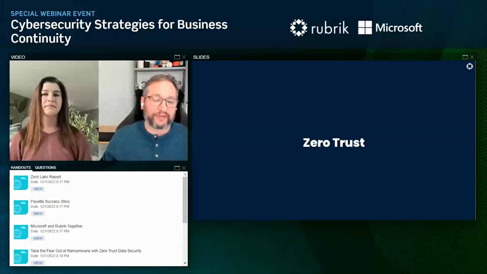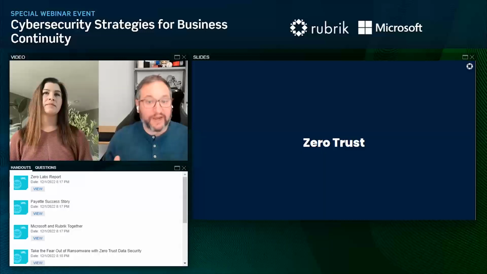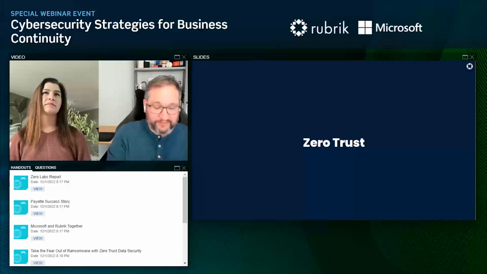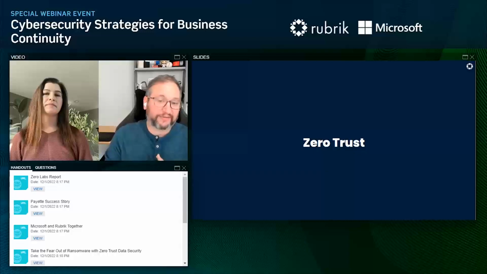And so some of the things that NIST defines as zero trust are the ability to identify threats, protect your data, detect cyber threats, respond, and then finally recover. And the keys that you can sort of apply to those are data observability, right? That's the ability to sort of see what's going on around your data.